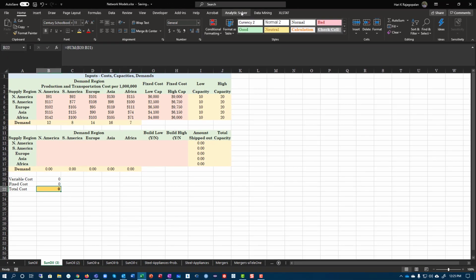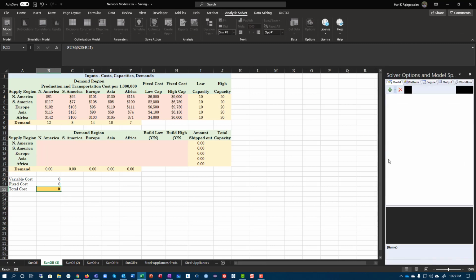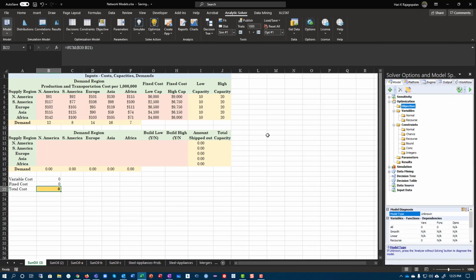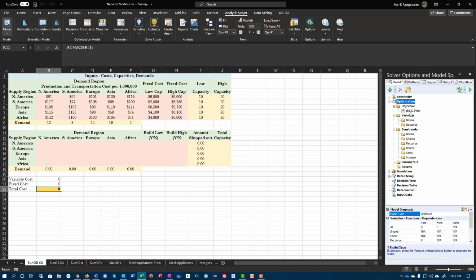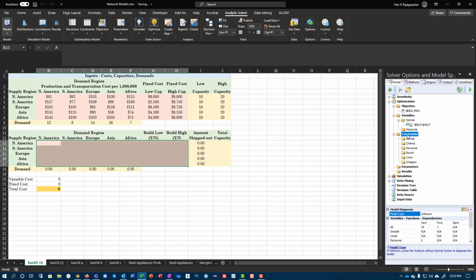So let's set up the Analytic Solver. We will minimize our total cost. Let's change B22 from maximum to minimum. Our variables here are this entire lot, right? You're going to select from B13 all the way to H17. These are all the variables the computer is going to tell you what to put there.